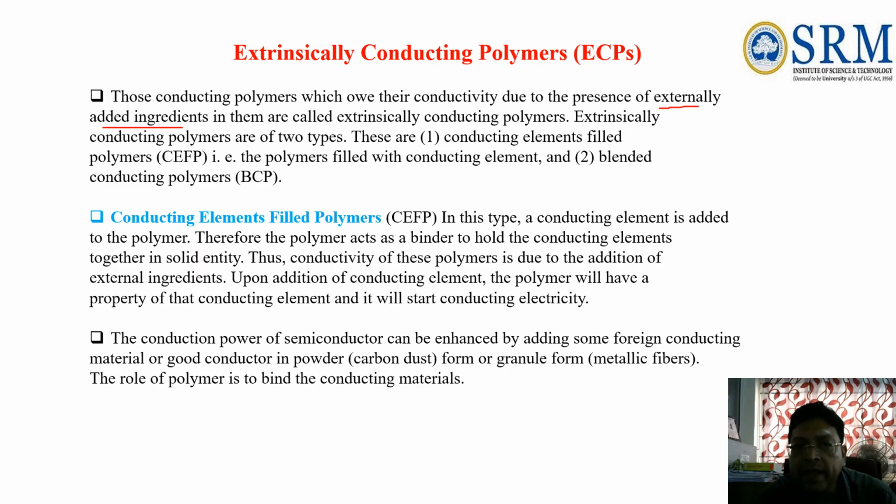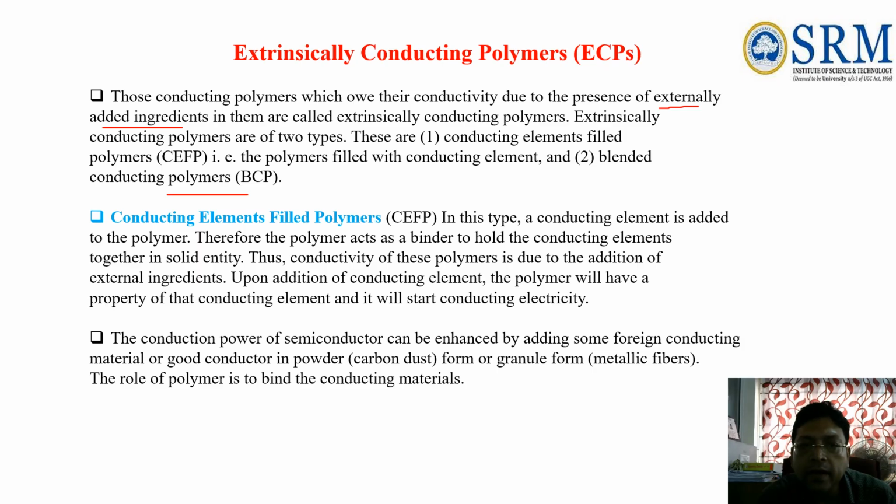But in the case of an extrinsically conducting polymer, we are adding some foreign agent or materials which lead to that conductivity. So it can be of two types: the conducting element filled polymer, CEFP, that means polymers filled with a conducting element, and the other one, the blended conducting polymer.